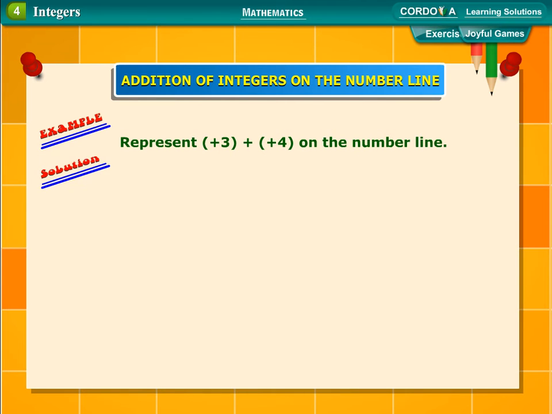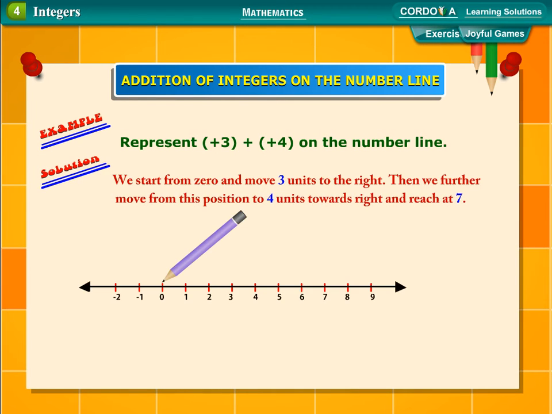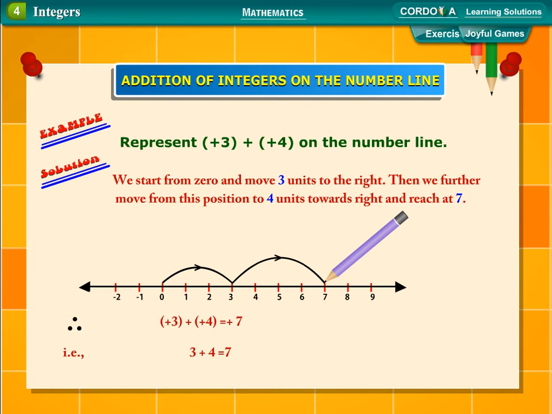Solution: we start from 0 and move 3 units to the right. Then we further move from this position 4 units towards right and reach 7. We have +3 plus 4 equal to +7. That is, 3 plus 4 is equal to 7.